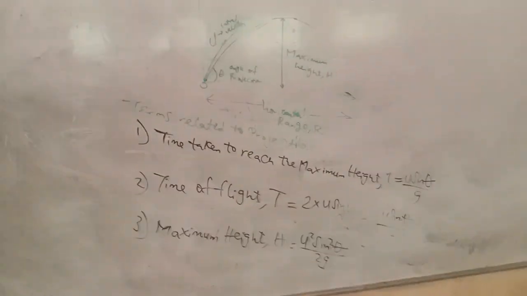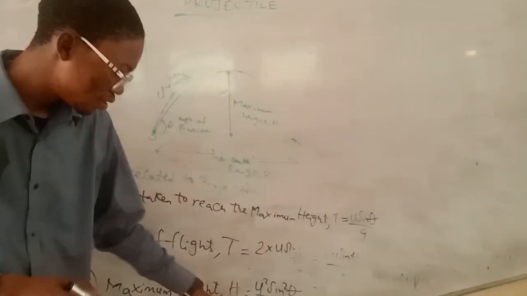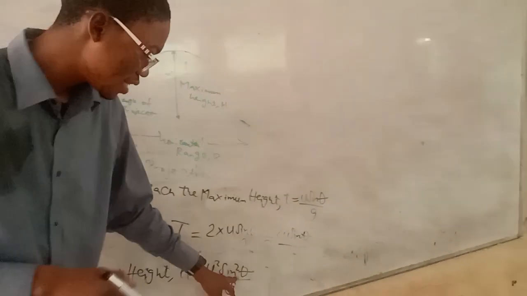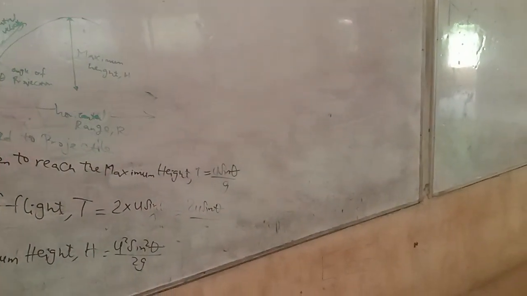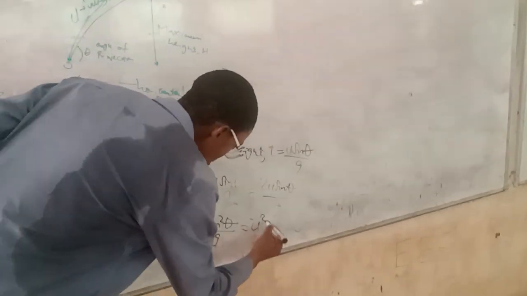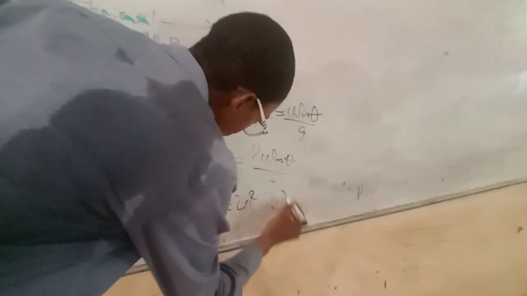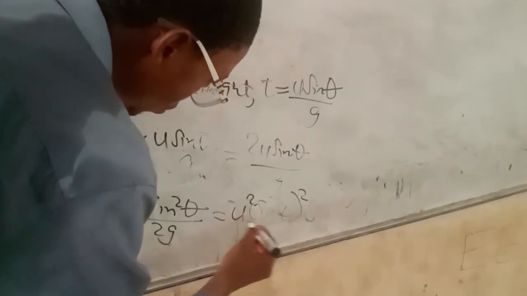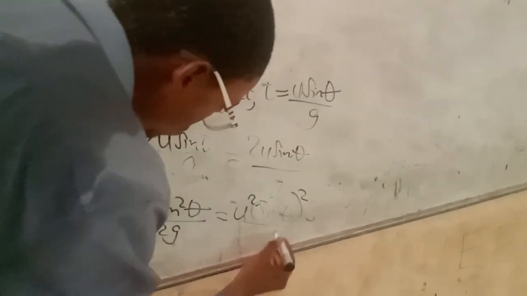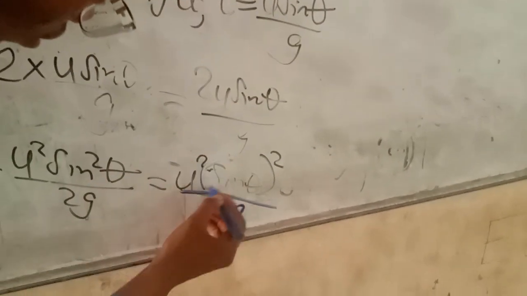You square your initial velocity and sine squared theta. And please always note that this can also be written as u squared, sine theta, everything squared, over 2g.